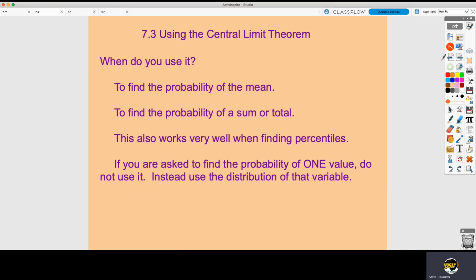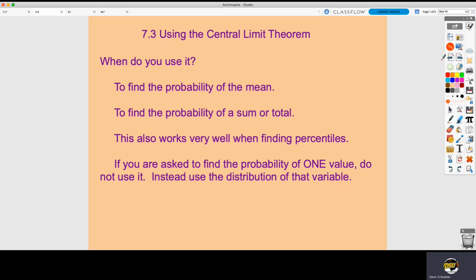If you are trying to find the probability of a certain number, you use it. When you're trying to find the probability of a sum or a total, then you use it. It also works really well when you're trying to find percentiles, just like we did on the last slide. When we're trying to find the 80th percentile, we're still going to use the same concept.